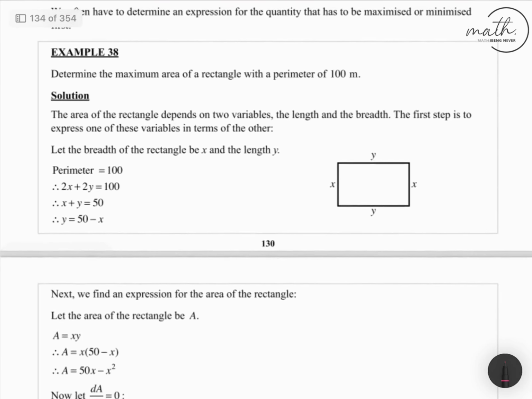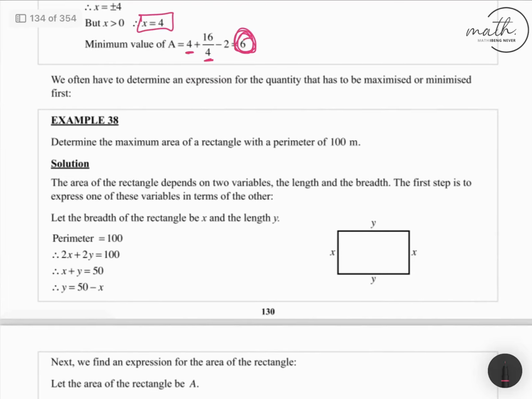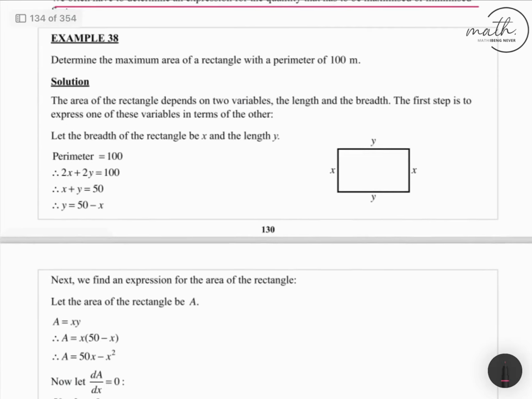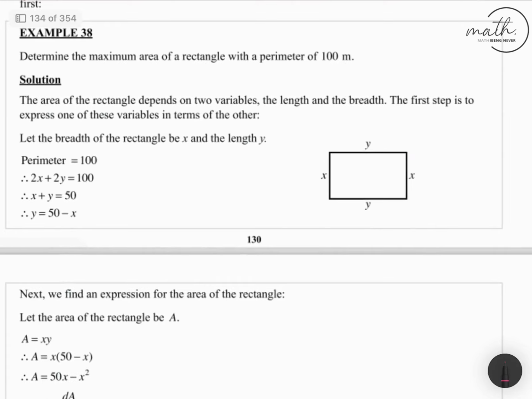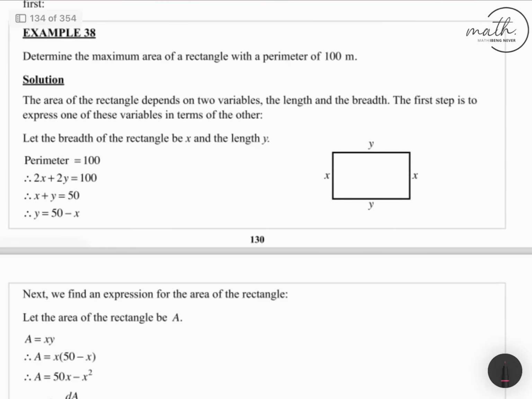Next example. So we often have to determine an expression for a quantity that has to be maximized or minimized. A different context, but the same way of getting the answer. So determine the maximum area of a rectangle with a perimeter of 100 meters. So the focus is area. After finding the area, you find the derivative of that area.